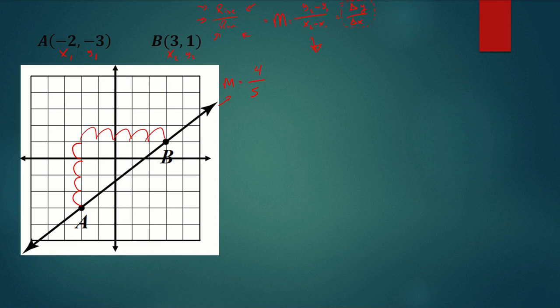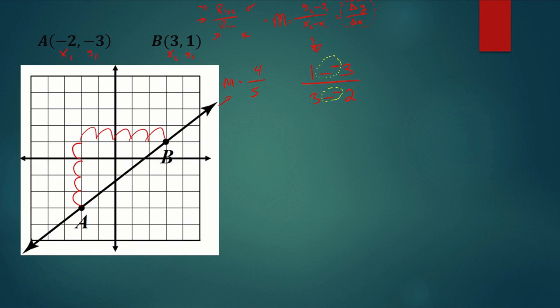So let's go ahead and substitute these numbers into my formula and see what we get. That would be 1 minus a negative 3 over your x2, which is 3 minus a negative 2. Now, right off the bat, once again, there's nothing wrong with the formula, but some of you guys might have missed that, because you might have seen the negative and thought, oh, it's already negative. Well, no, that's not true, right?